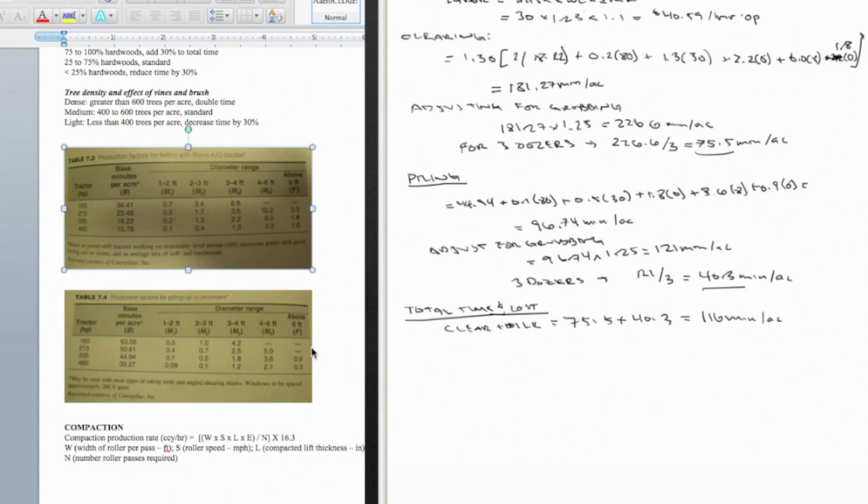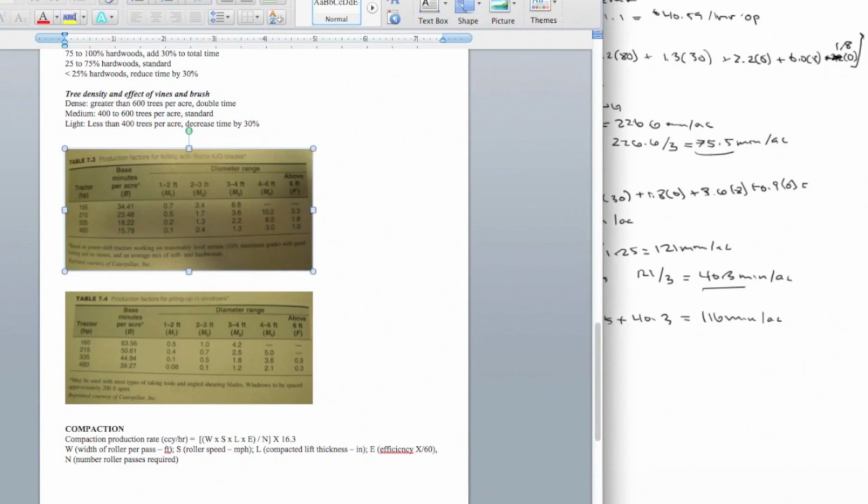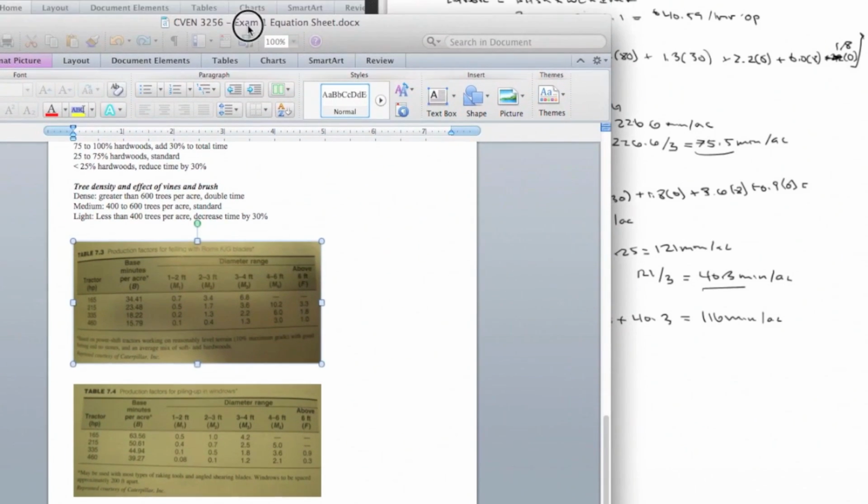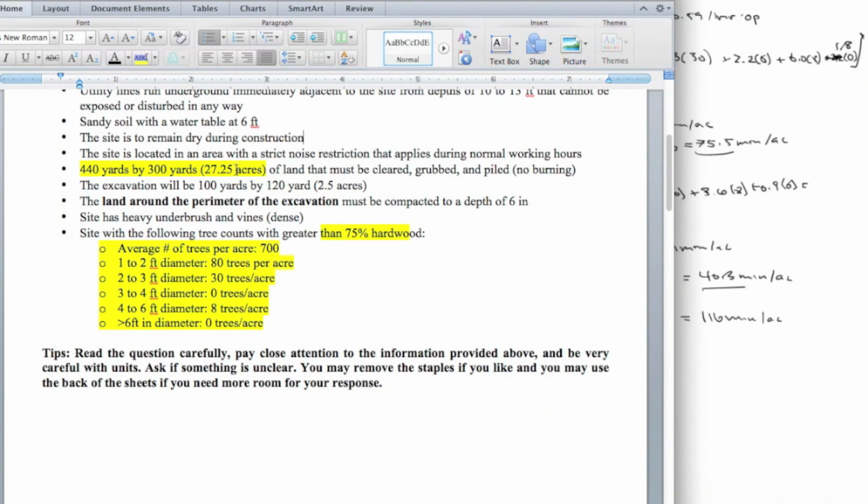Our total time then, if this is minutes per acre, we just multiply by the number of acres to get the number of minutes. So our total is 116 minutes per acre times the number of acres, which is 27.25, and that comes from the problem: 27.25 acres of land must be cleared, grubbed, and piled.